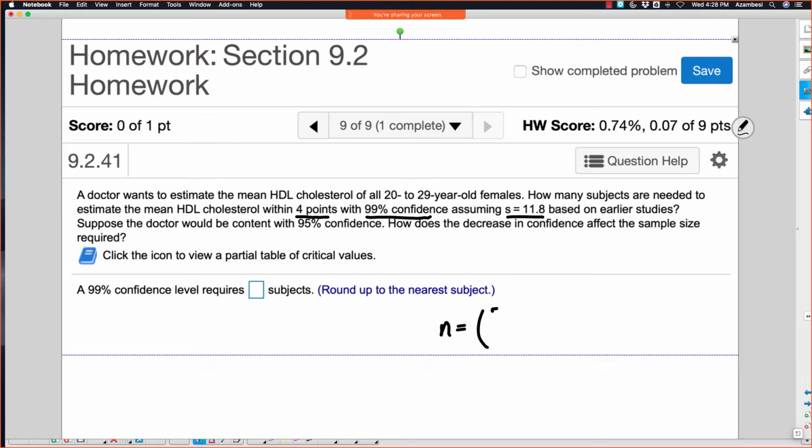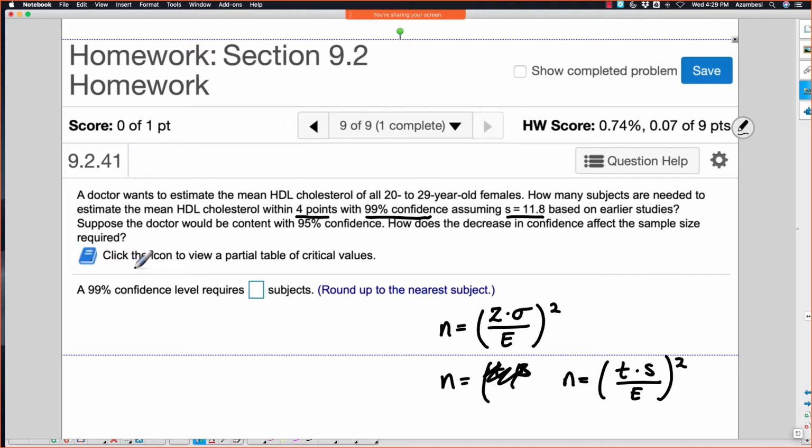if we're given a population standard deviation, we use Z times sigma over our margin of error, squared. If we're given a sample standard deviation, then we use T times our sample standard deviation over our margin of error, squared. So we have a 99% confidence level, so I'm going to bring the t value for that confidence level.